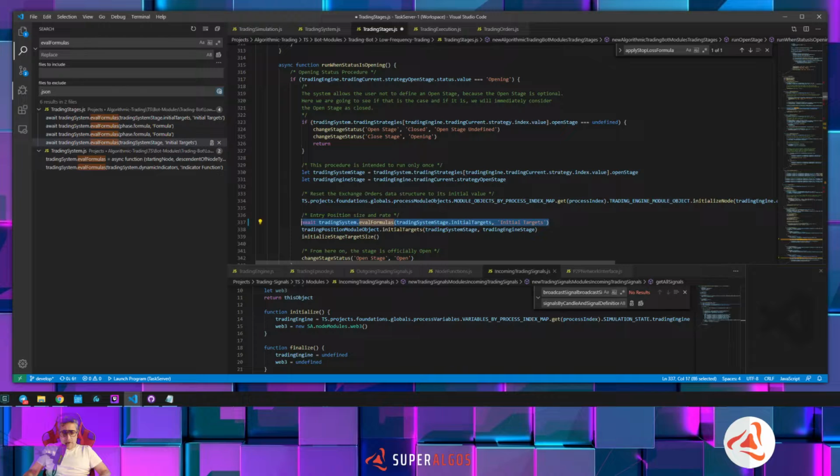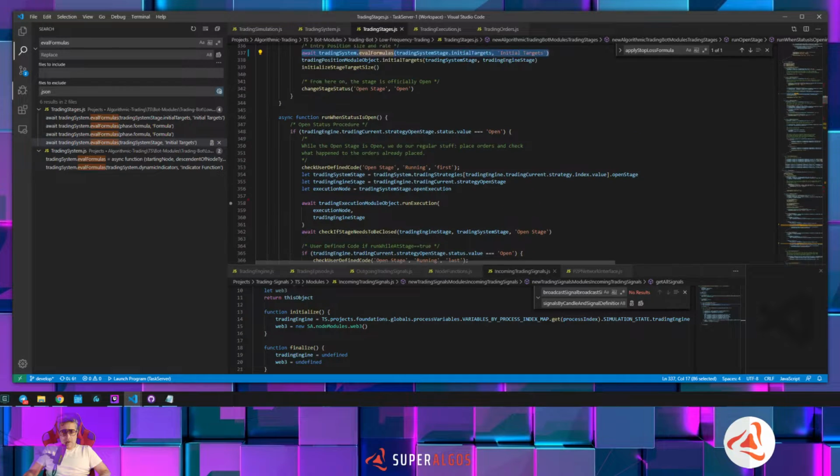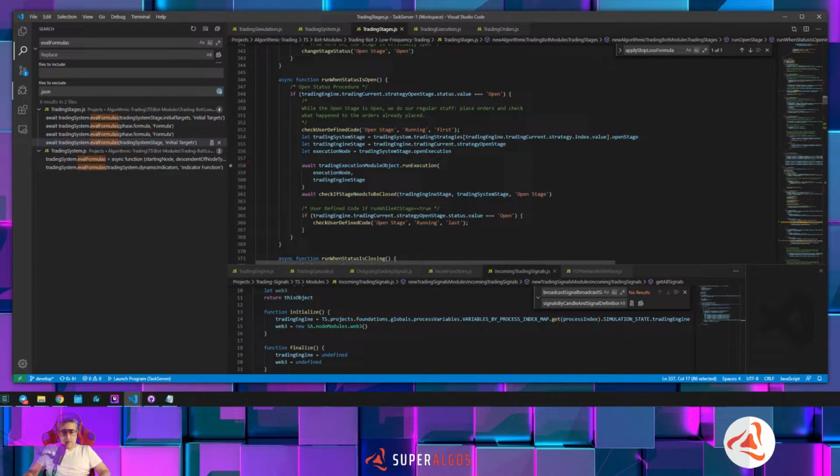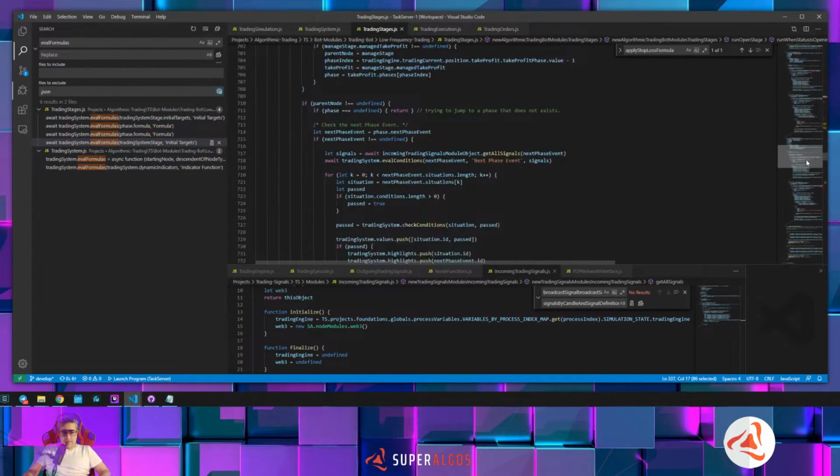And we are running this. Then we don't have. Okay, yeah, it is run when it's opening.